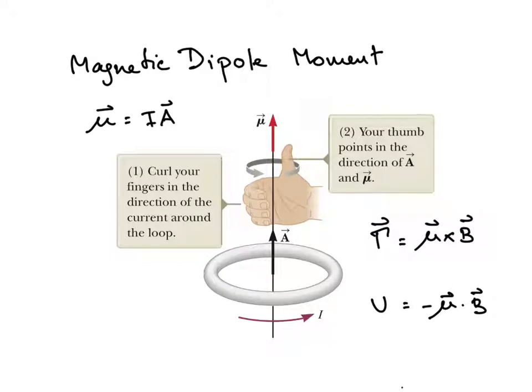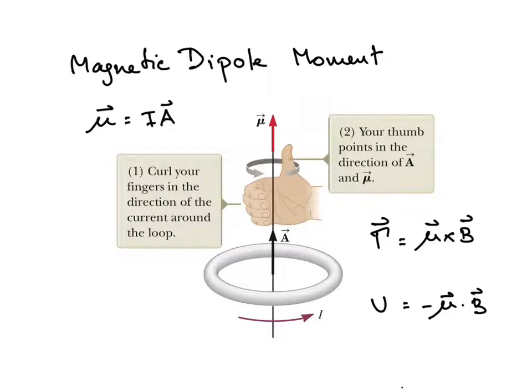Now we can go a little bit further by defining a vector called the magnetic dipole moment, which we write as mu. This vector will be very important when you discuss the dipole moment of the atom, or the dipole moment of some kind of antenna.